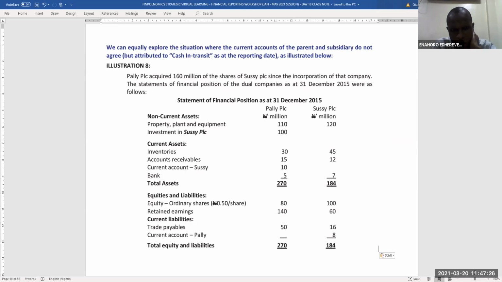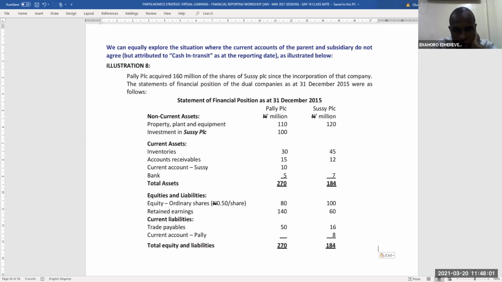Pali PLC acquired 160 million of the shares of SUSI PLC since the incorporation of that company. The statements of financial position of the two companies as at 31st December 2015 were as follows. Statement of financial position as at 31 December 2015, Pali PLC and SUSI PLC, all in millions. Non-current assets: property, plant and equipment, Pali 110, SUSI 120.